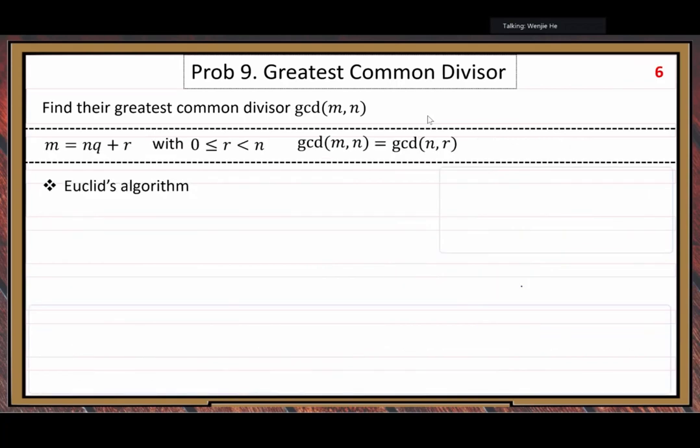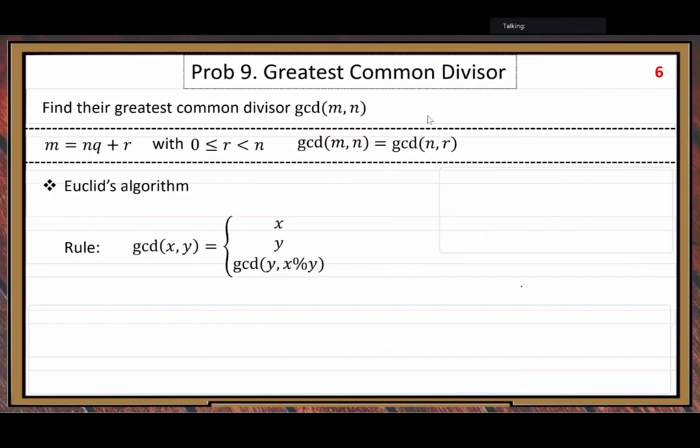For the implementation of Euclid's algorithm, let's look at the basic rule. We summarize the rule. When we calculate GCD, we have 3 cases.